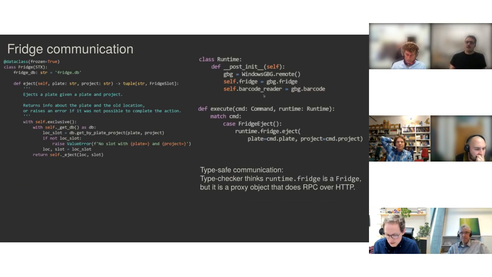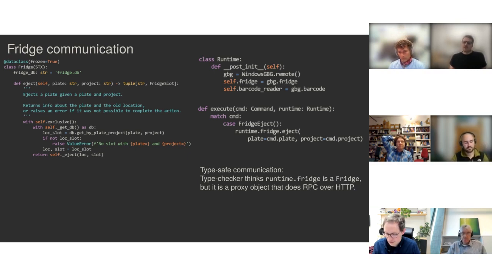And in particular, I can make an object which is a remote object which proxies through this HTTP server. But from the type checker, it looks like it's the actual object.